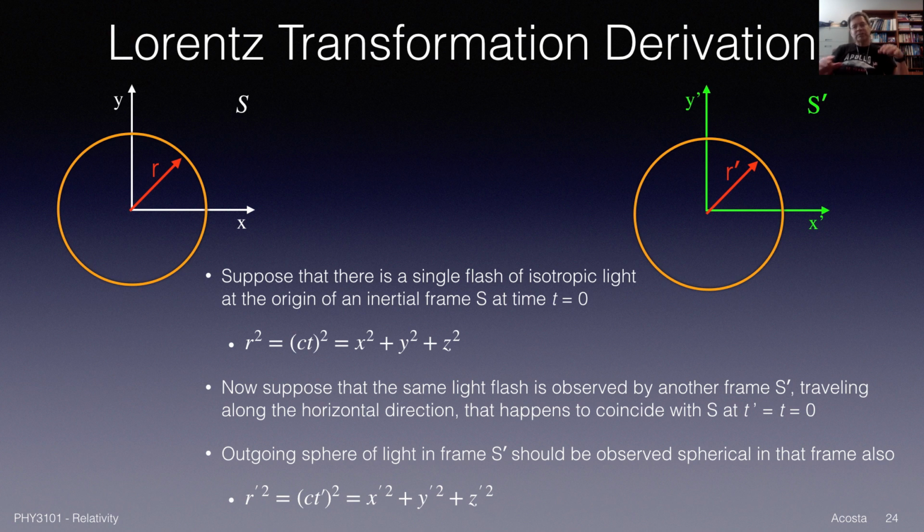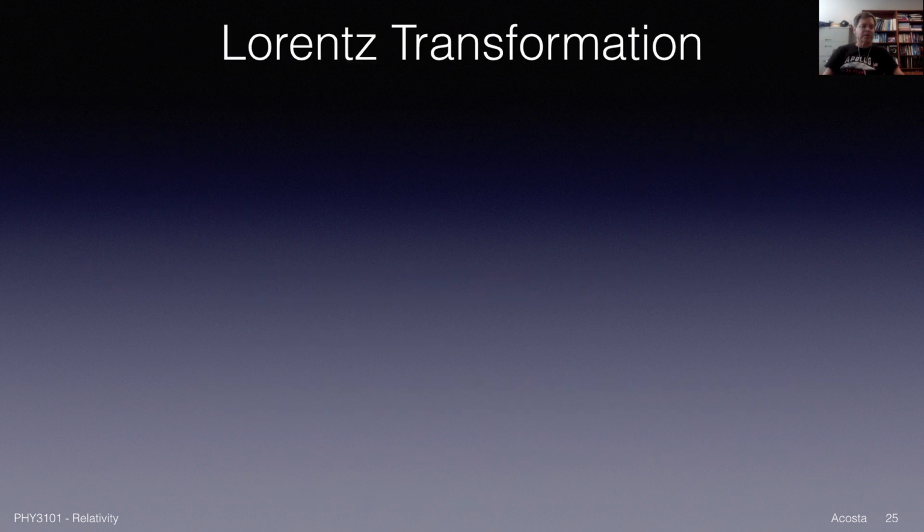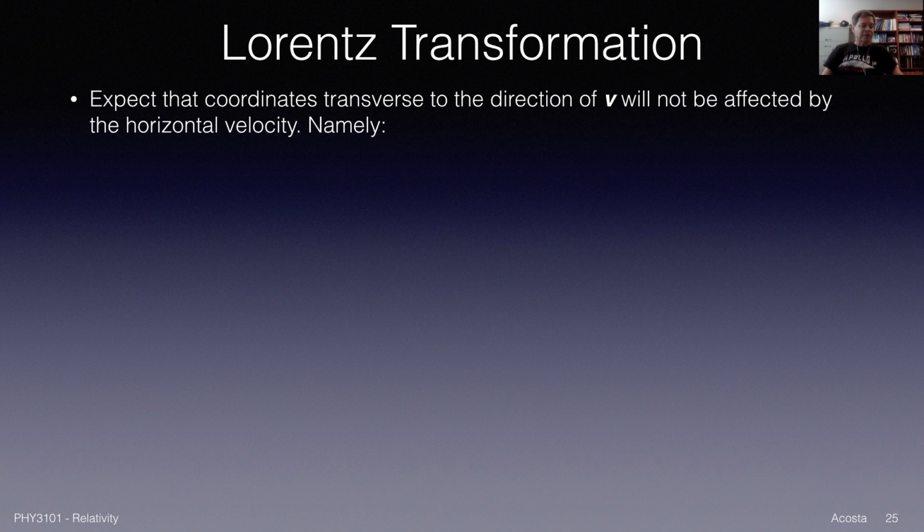Okay, so we're going to use this contrived example to figure out how to derive the Lorentz transformation. Now, just as we saw in the previous lecture on time dilation and length contraction, we expect that coordinates transverse to the direction of the velocity v of the reference frames with respect to each other will not be affected by the transformation.